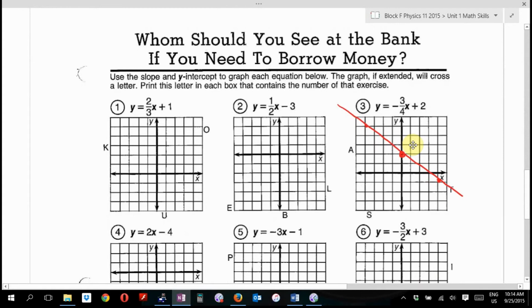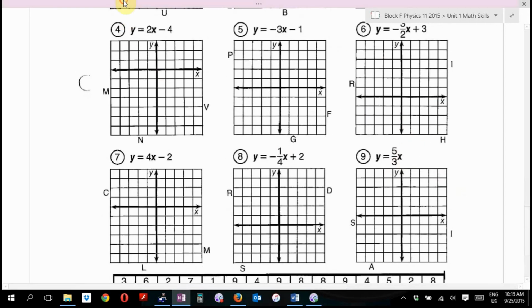And whom should you see at the bank if you need to borrow money? The loan arranger? The loan ranger? I will never claim that these are funny. In fact, the only reason I like these is they make my jokes approach being funny in comparison. Just saying. So it's kind of an ego boost that way.